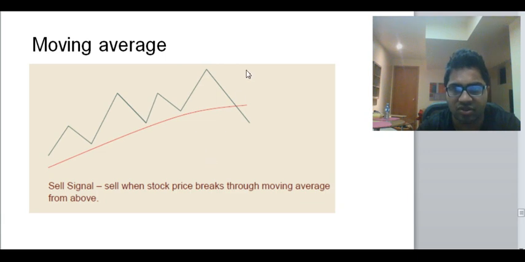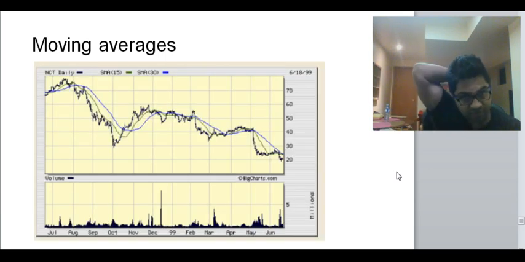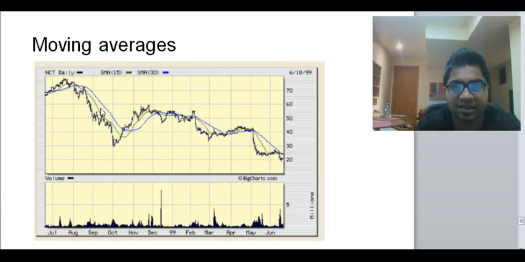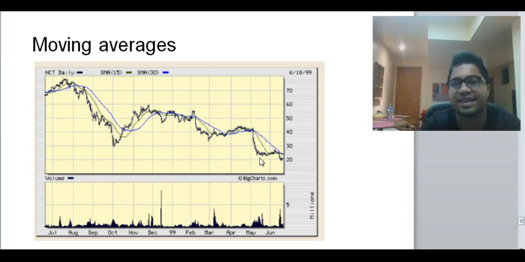If the stock crosses the moving average line and goes up, it's a buy signal. For example, this blue line is the moving average line and this is the stock line. If the stock crosses this blue line and goes up, it's a buy signal. If it crosses this blue line and goes down, it's a sell signal.